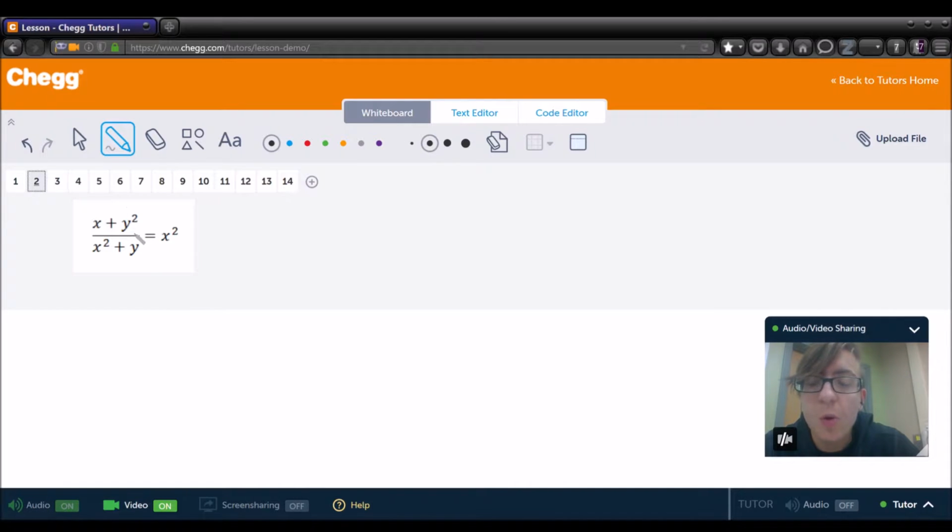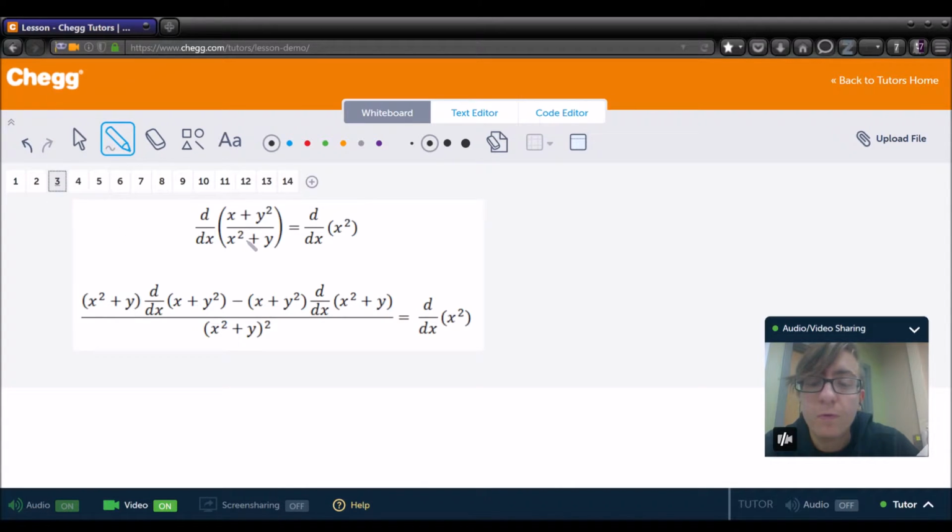So let's go on from here. We know we're going to have to use the chain rule as well as the quotient rule because here we have a rational function. First, let's set up the equation. You have the derivative of the left side equal to the derivative of the right side. A mnemonic I use for the quotient rule is low d high, high d low.